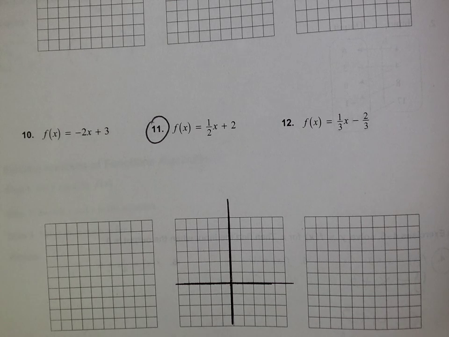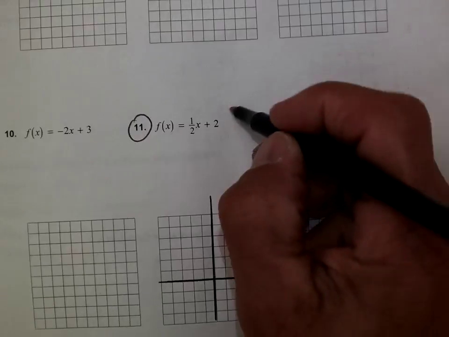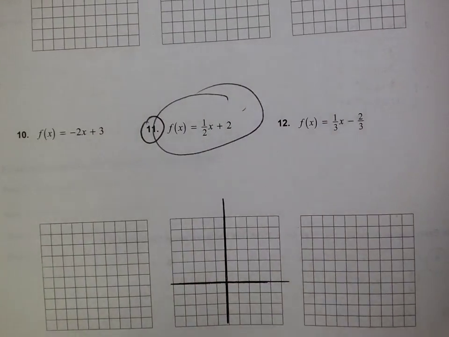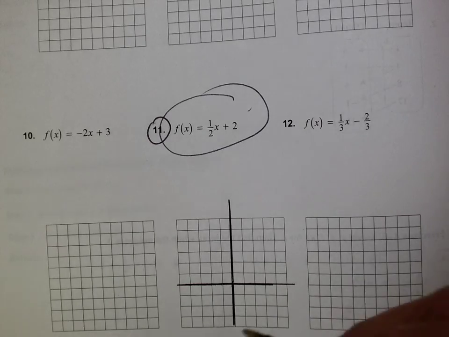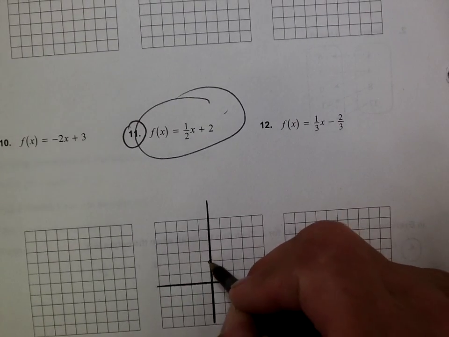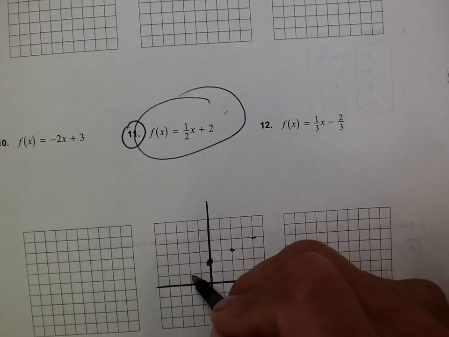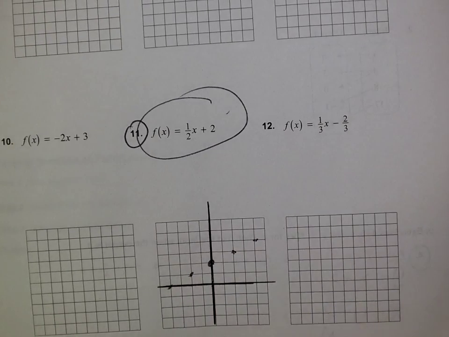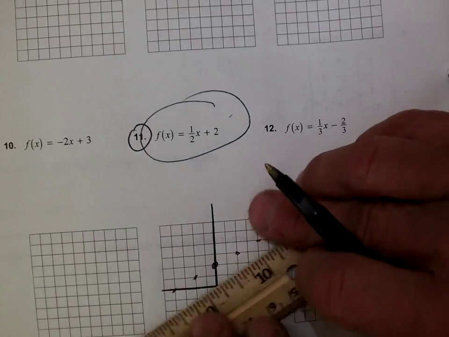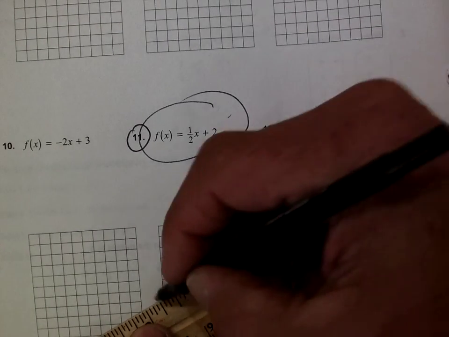I do like to have different colors. Let's do the original in black, and I'll do its inverse in red. So start at 2, up 1 over 2, up 1 over 2, right? How am I doing? So far, so good.